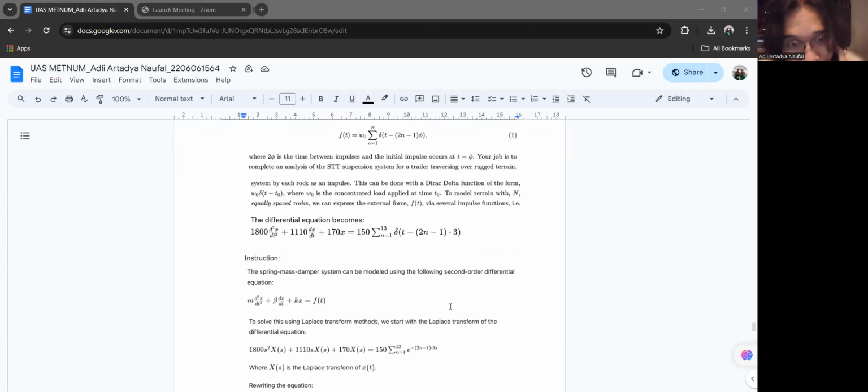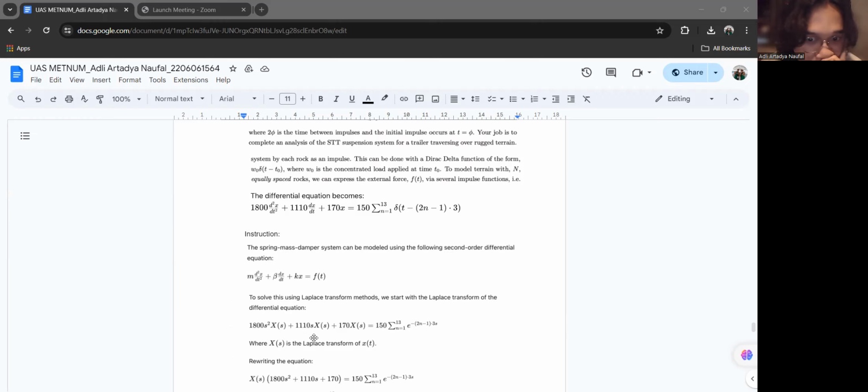Next, we go to instruction. The spring mass damper system can be modeled using the following second order differential equation, like this. To solve this using Laplace transform methods, we start with the Laplace transform of the differential equation.